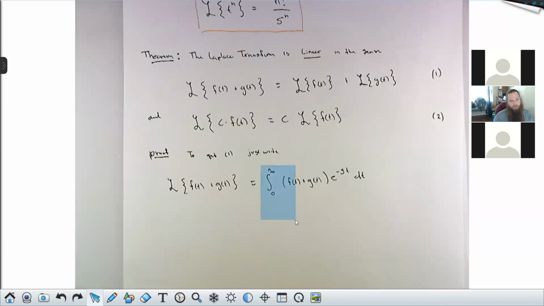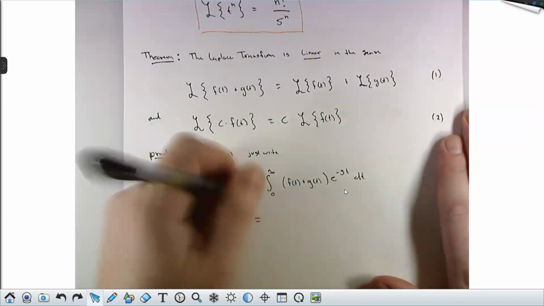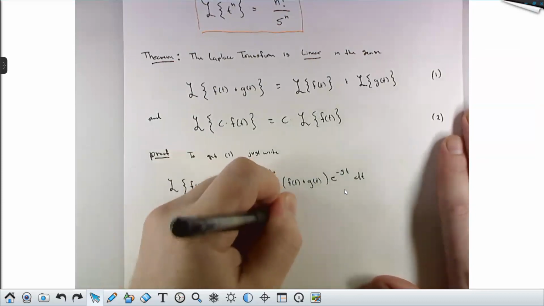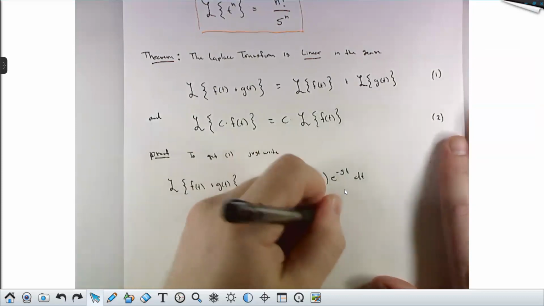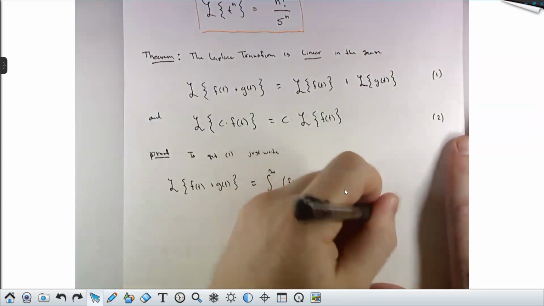Now you could write this out as a limit, but we actually did prove that back in Calc 2, that the improper integral of f plus g is the improper integral of f plus the improper integral of g. So all you really have to do is distribute in here. Within my improper integral, I will distribute that e to the negative st. I get integral 0 to infinity f of t e to the negative st plus g of t e to the negative st dt.